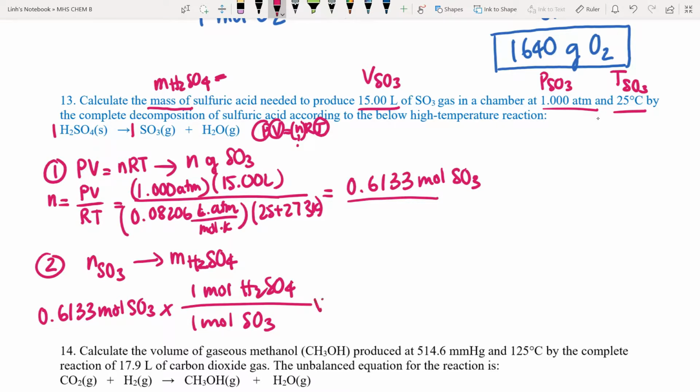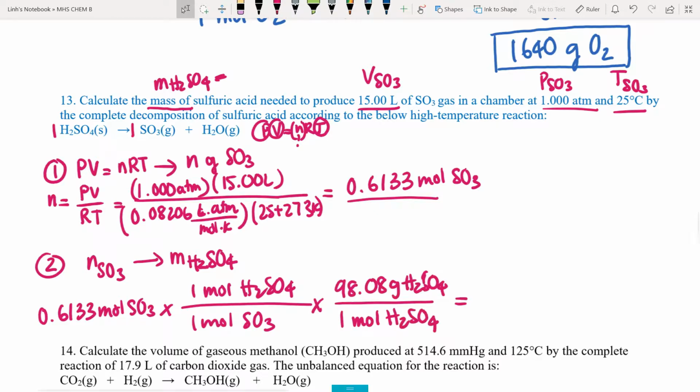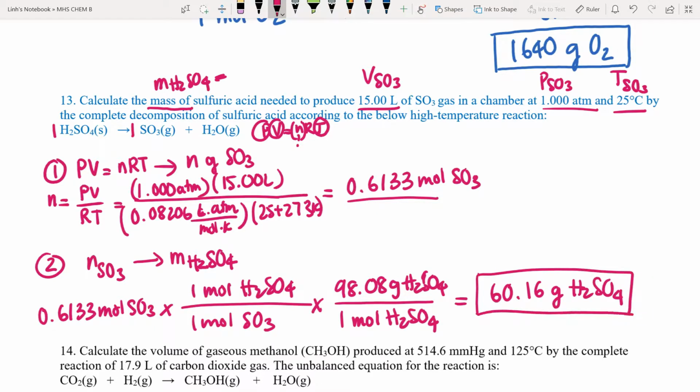Then I convert mole H2SO4 to gram of H2SO4. Punching this into the calculator, it gives me 60.16 gram of sulfuric acid. Now I think the answer key says 60.17. That's okay. It's just a difference in molar mass giving you a slightly different final answer, but it's not a big deal.